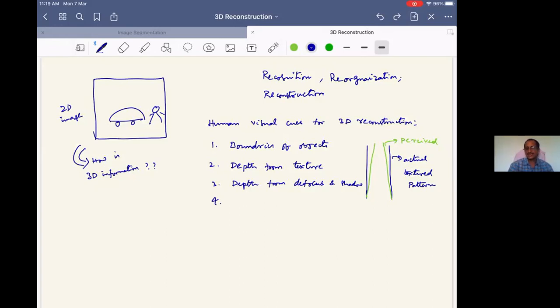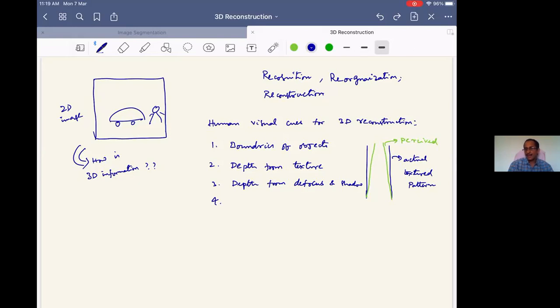That is true. That is the key principle of stereo. When we have two images, the projection of a scene point will not be at the same location in the two images. That's what we will discuss now. How having two images, two eyes or two cameras, helps us get a sense of depth information.